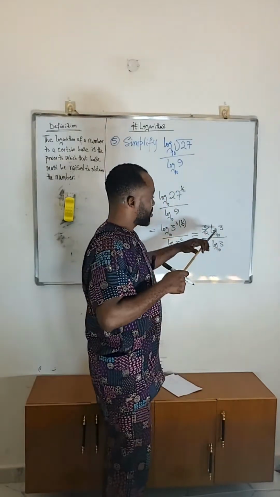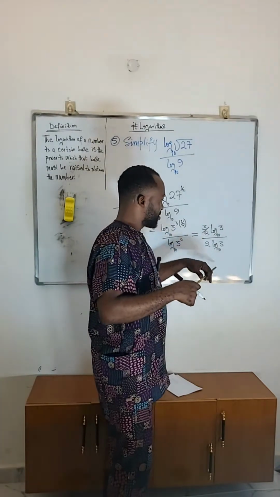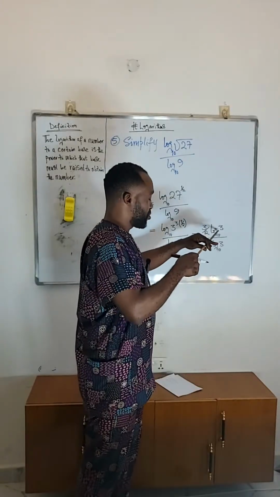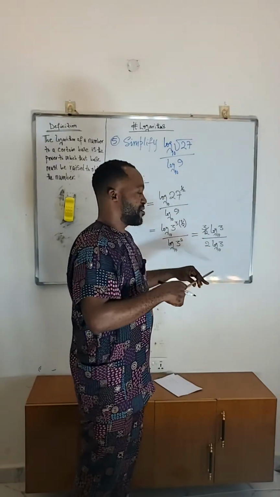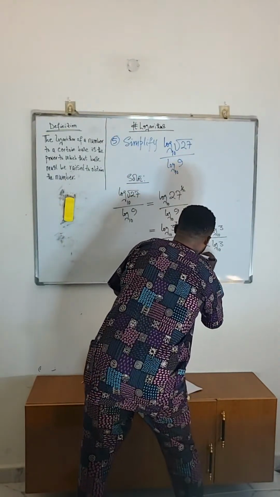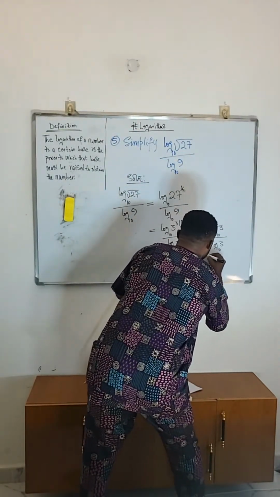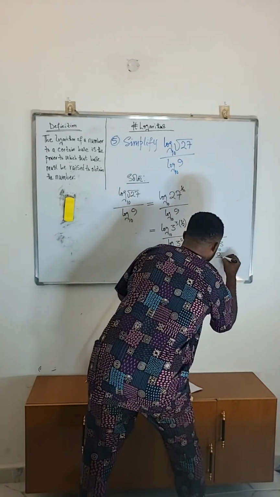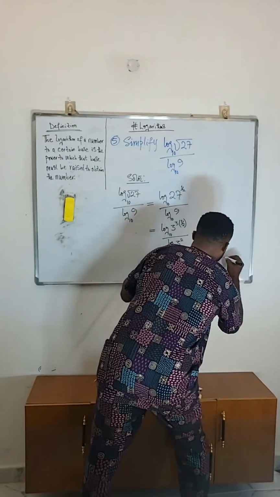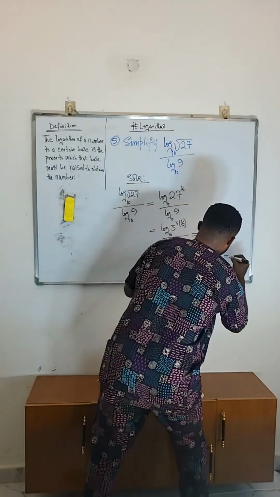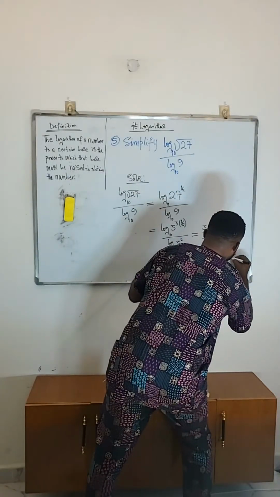So you can see log 3 base 10, log 3 base 10, they are gone because that is one, like saying a number of another number. So here we can have 3 over 2 divided by 2 over 1, which will automatically be 3 over 4.